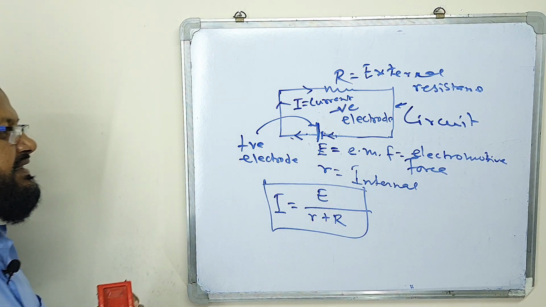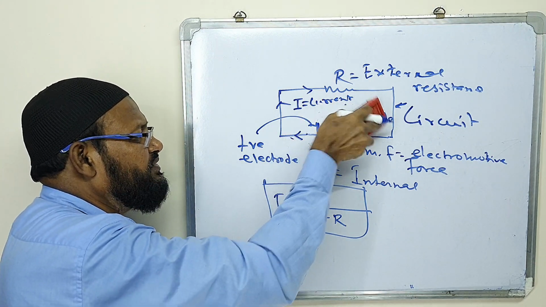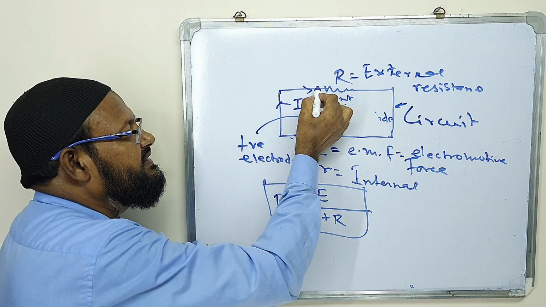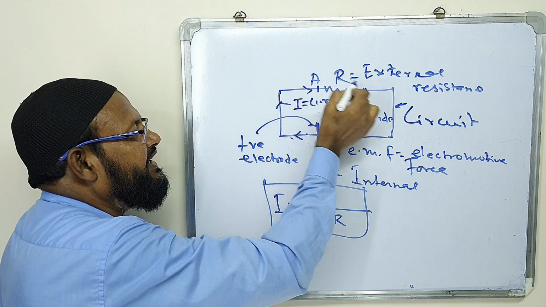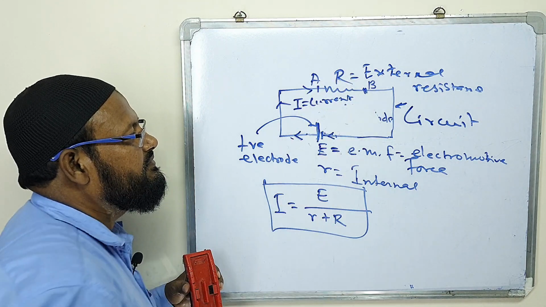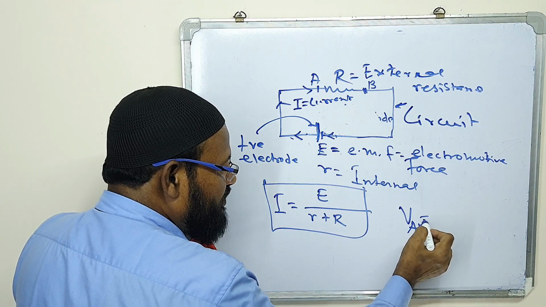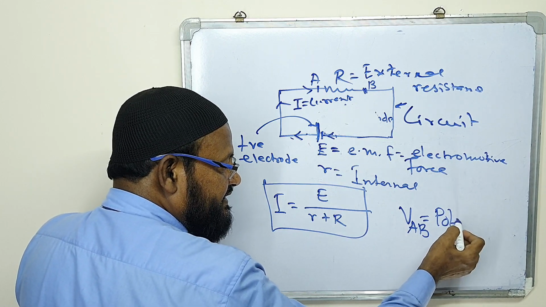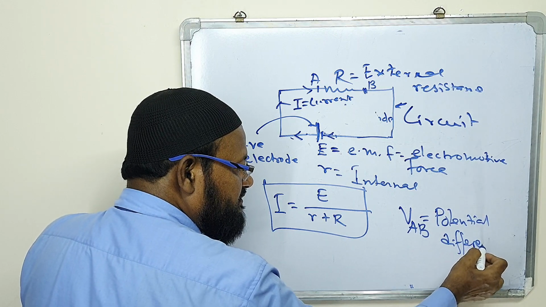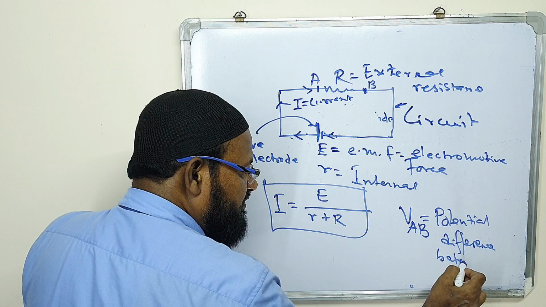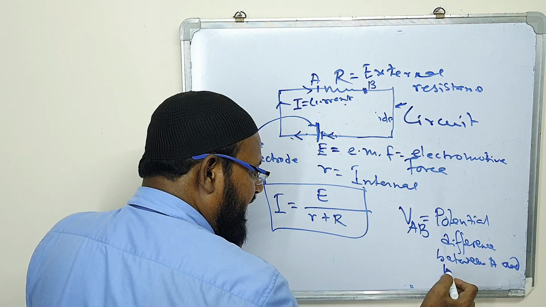This is the current. Here and here, these 2 points, suppose this is A and this is B. What is the potential difference between the points A and B?